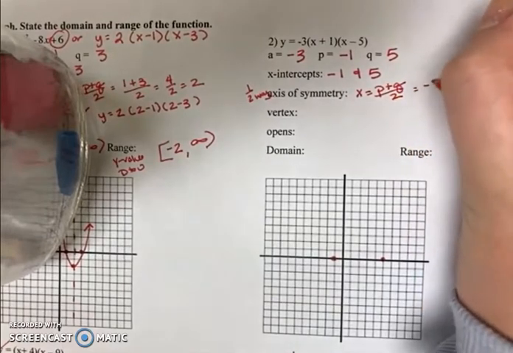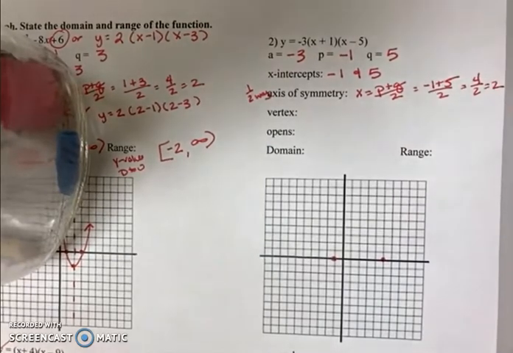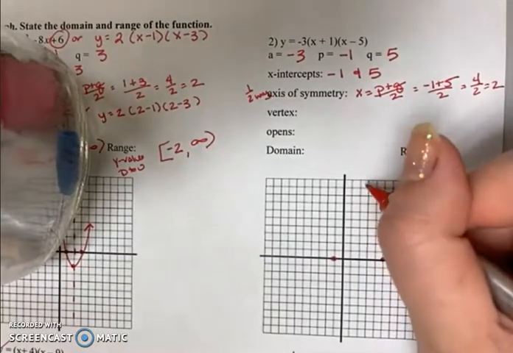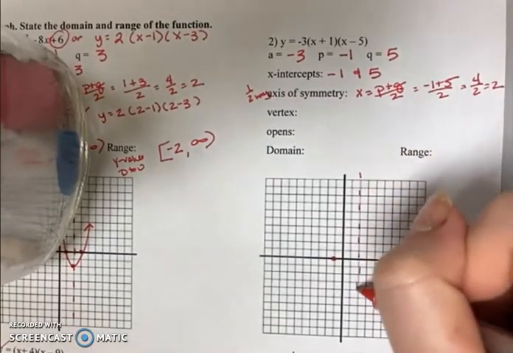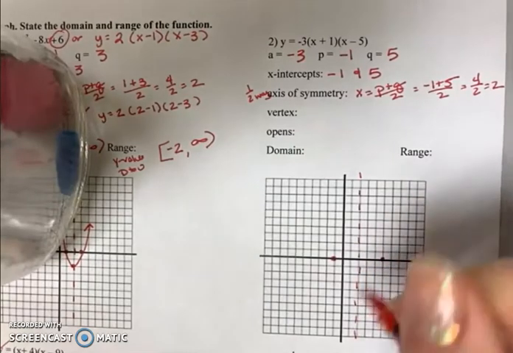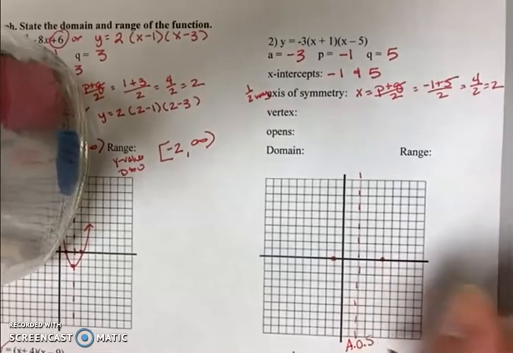So we're averaging them. If I do that, I end up getting 2. So I'm just going to put a dashed line to represent my axis of symmetry on my graph. I'll label it as well.